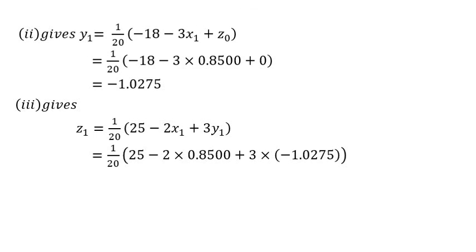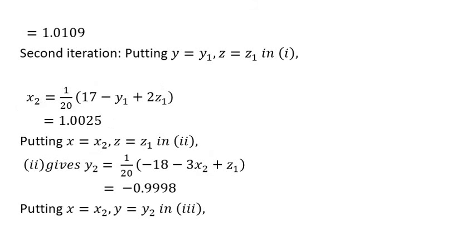By substituting x1 and z naught, we get y1 equals minus 1.0275. Similarly, from the third equation we get z1 equals 1 by 20 into (25 minus 2x1 plus 3y1). Substituting x1 and y1, the latest values of x and y, we get z1 equals 1.0109.